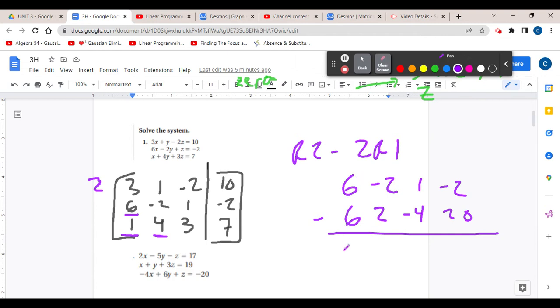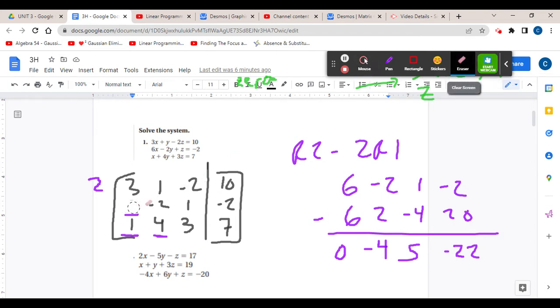All right, so 6 minus 6 is 0. Negative 2 minus 2 is negative 4. 1 minus negative 4 is 5. Negative 2 minus 20 is negative 22. So this is going to be our new row 2: 0, negative 4, 5, negative 22.